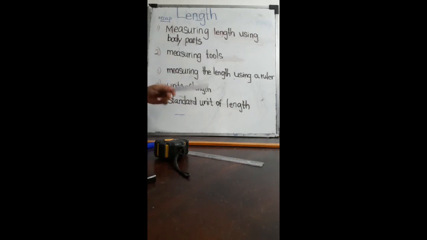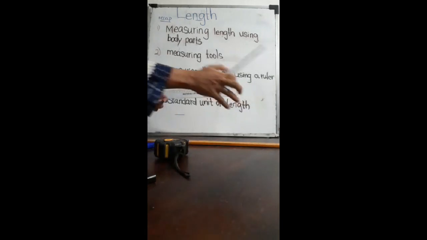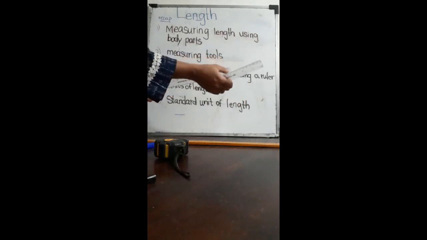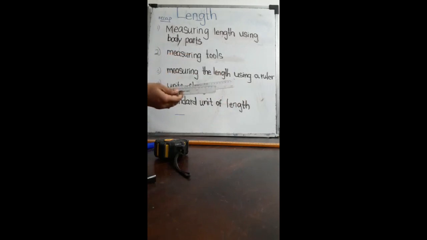This is one kind of tool. We'll see another tool. This is also a centimeter ruler, but there are 30 centimeters. In the other ruler, there are 15 centimeters. Now, can you see the difference?